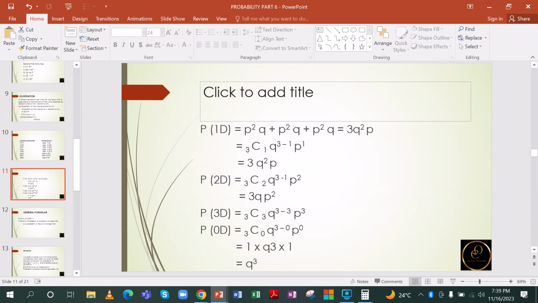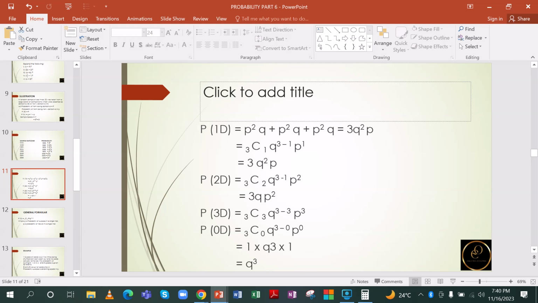So how do we do it under binomial expansion? We are given the probability of one defective is equal to Q squared P plus Q squared P plus Q squared P, which is 3Q squared P. Which is the same as, out of the possible 3 trials, one is taken to be defective.